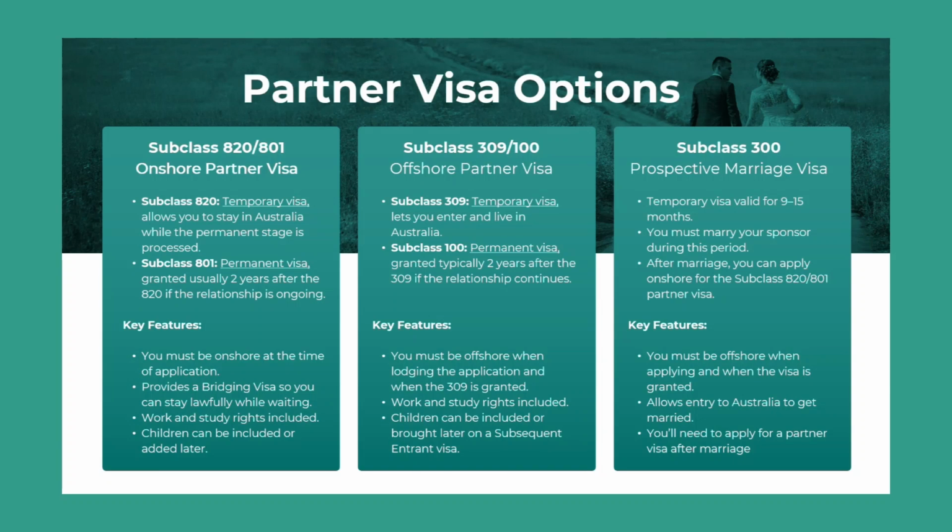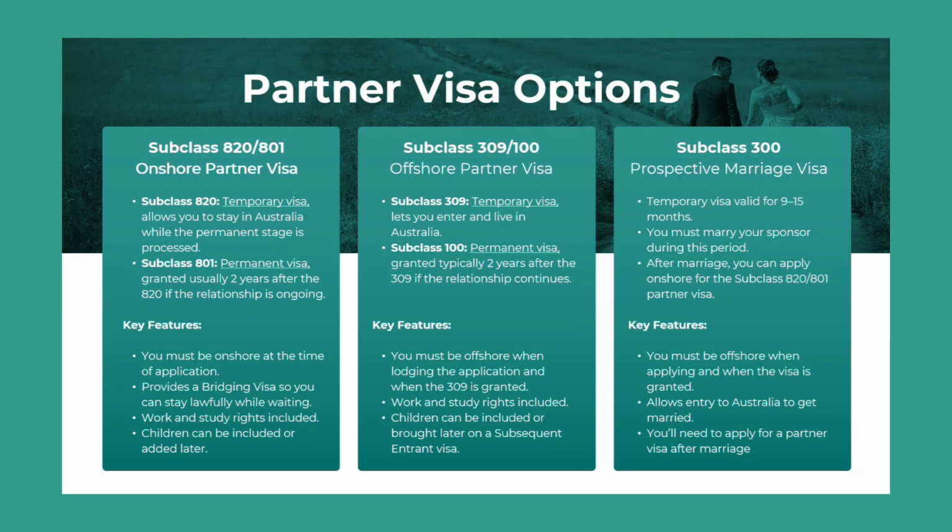Now, what's the benefits of applying for a prospective marriage visa if they are offshore? In terms of the documentation, you just do need to have an intention to get married here in Australia. So those documentations need, like, notice of intended marriage.